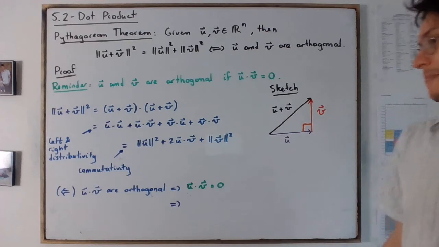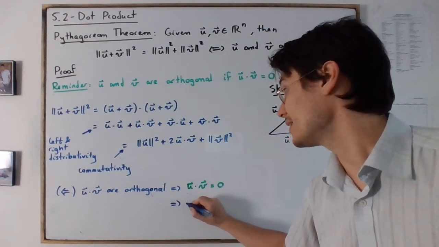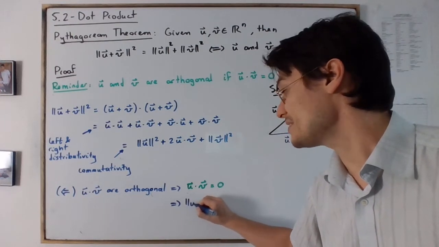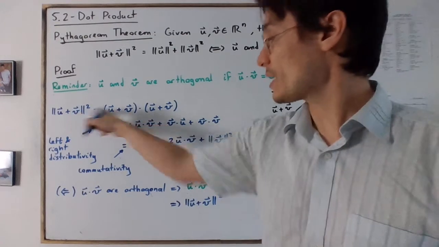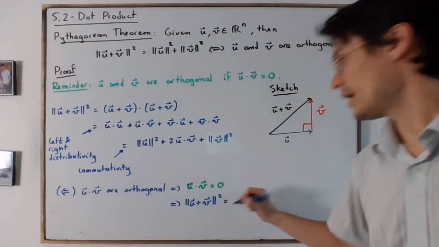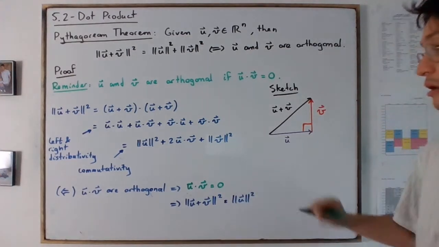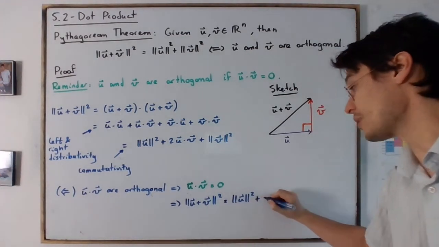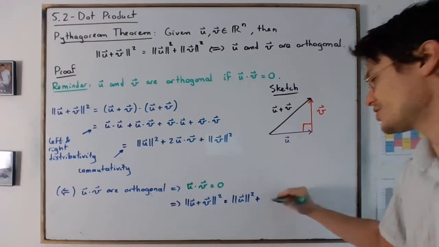Keep that in mind. So here, what we have is the norm of u plus v squared. I'm using the equation that I have over here. This is going to be the norm of u squared plus 2 times 0. Let's just say 0 here.